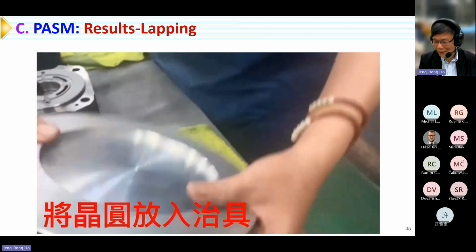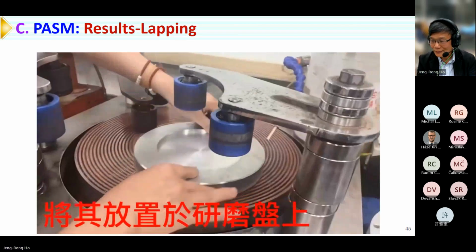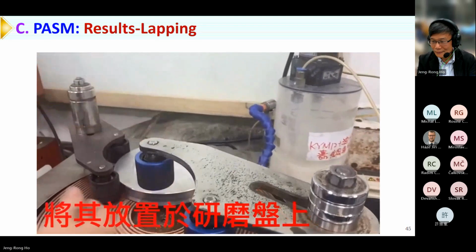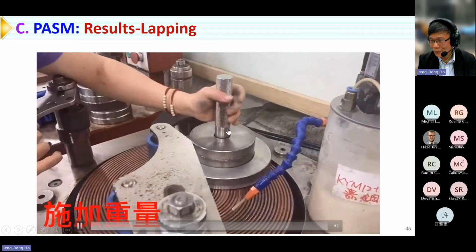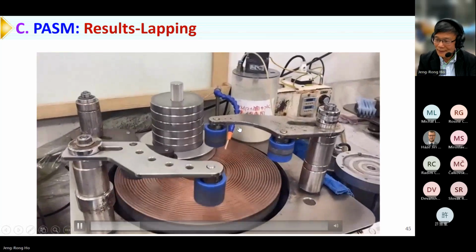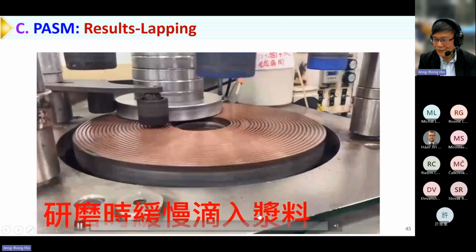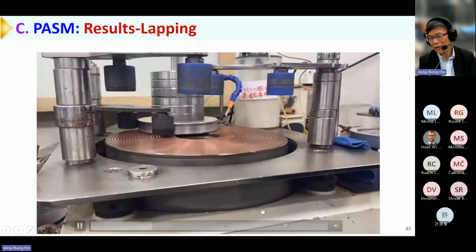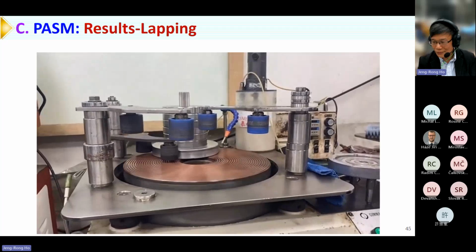This is the process of polishing. Again, we apply pressure, then we use slurry. The slurry is with diamond powders. Then we do lapping.